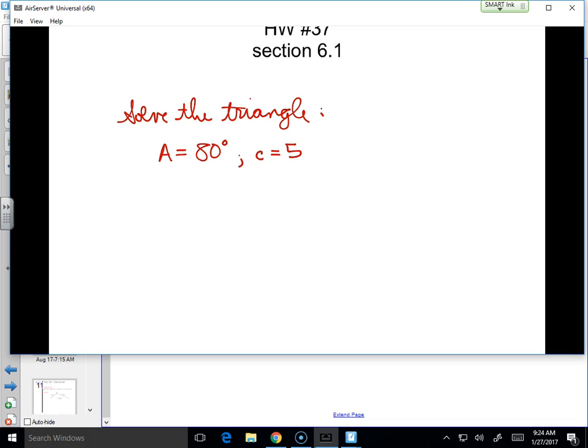And side A is equal to... I don't want it to be impossible. No, change that. Make side C equal to 3. Make side A equal to 5.